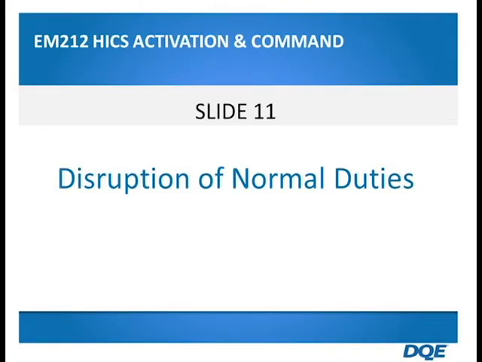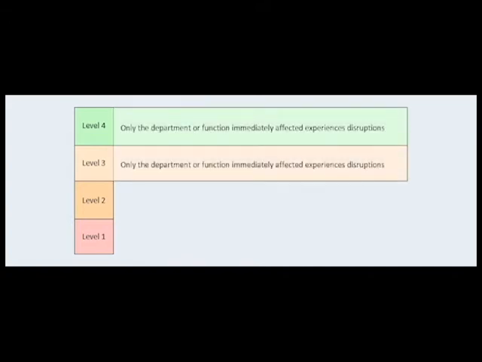For all levels of EOP activation, the focus should be on maintaining business as usual to the extent possible. For a Level 4 or 3 EOP activation, only the department or function immediately affected by the incident typically experiences activity disruptions.